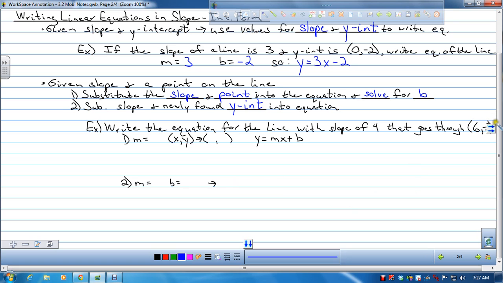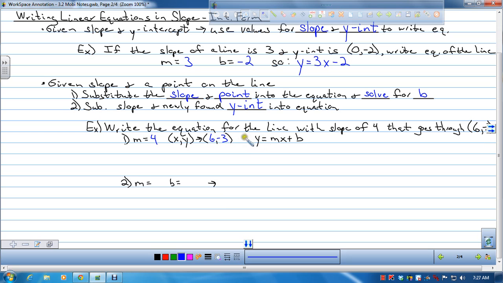So an example here. Write the equation for the line with a slope of 4 that goes through the point 6, -3. So it gives us a slope of 4, and it says that we have some xy value or ordered pair that is 6, -3.